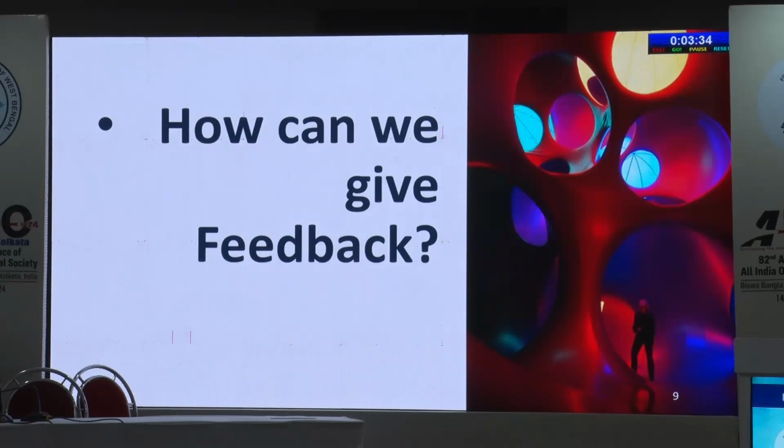How can we give feedback? There are several models that we can choose from, whichever we like best to apply. But I would say that the main message here is to create a relationship with the trainees, and let the trainees create that relationship with the mentors, tutors or coach. It's a little bit different.